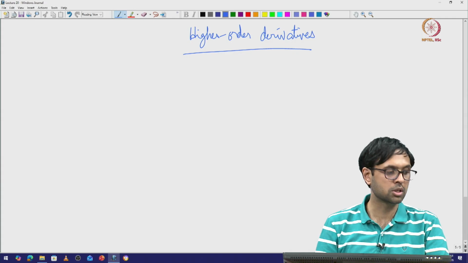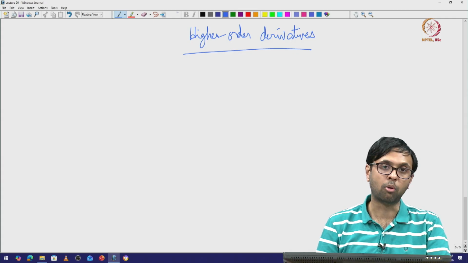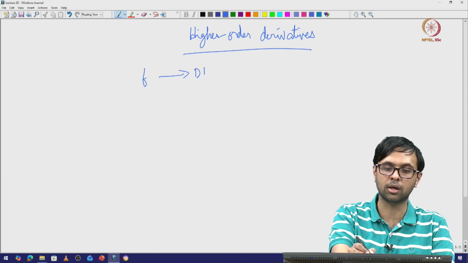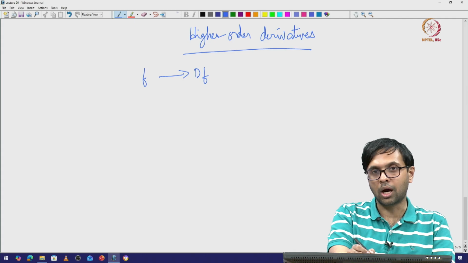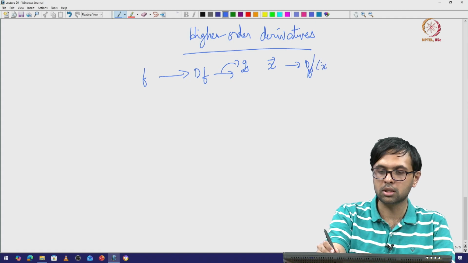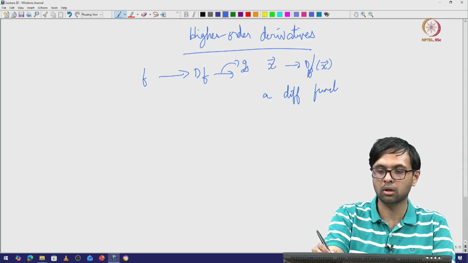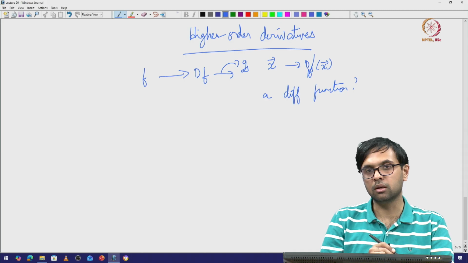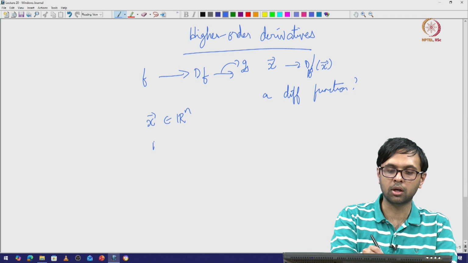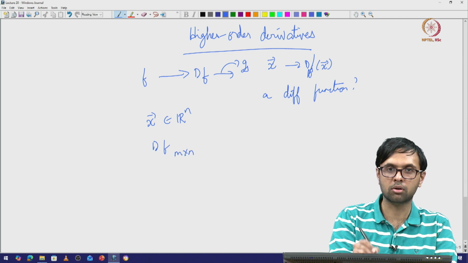So first of all, how does one even define differentiability more than once, right? So suppose f is a function, let's say it's differentiable, and you get the derivative. You can ask, is x going to the derivative of f at x a differentiable function in its own right? What would that even mean, right? x is in Rn, the derivative of f is an m by n matrix, right?